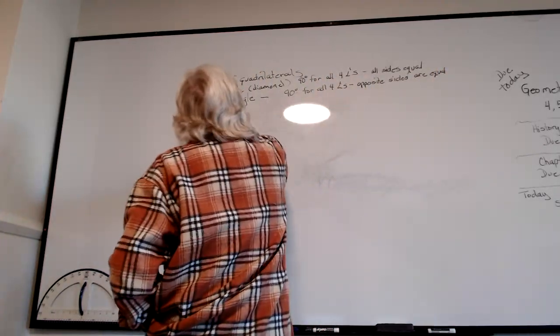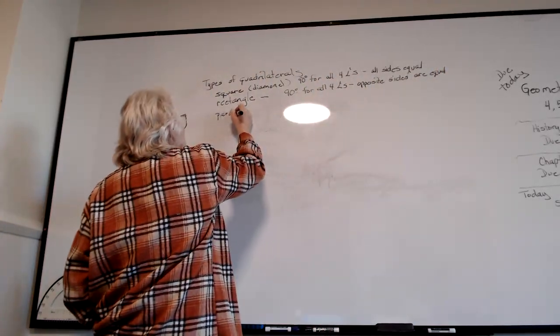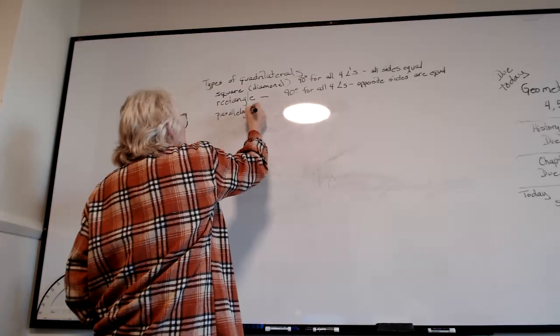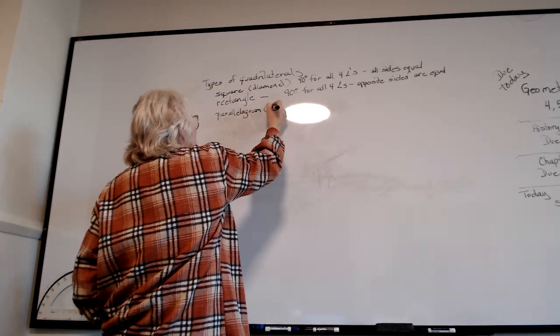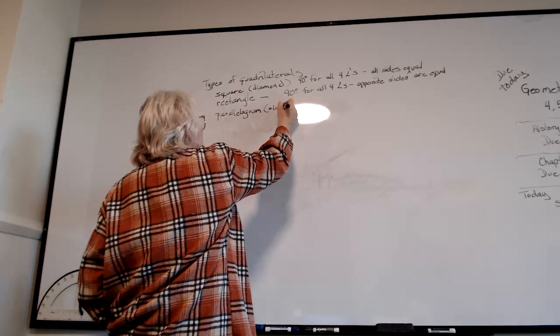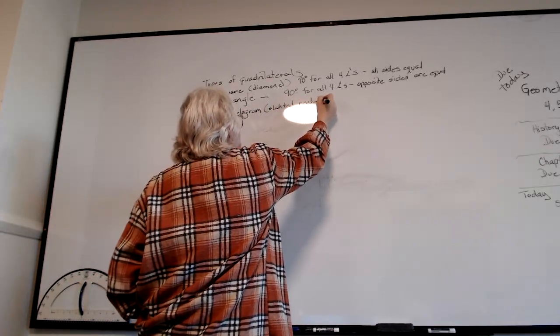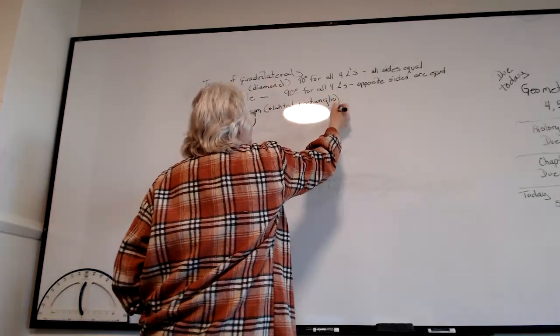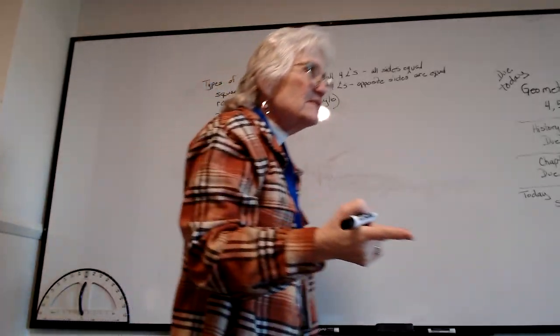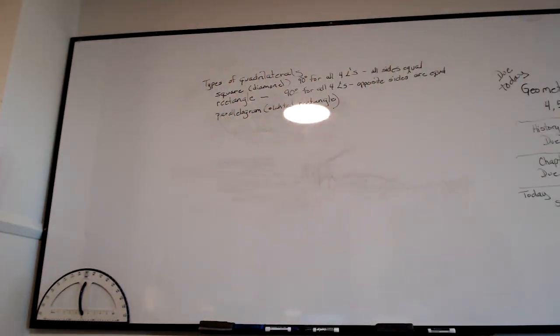And then the parallelogram, which I like to call the slanted rectangle. Okay, the degrees are not necessarily 90 degrees, okay, but opposite angles are the same. Opposite angles are the same.